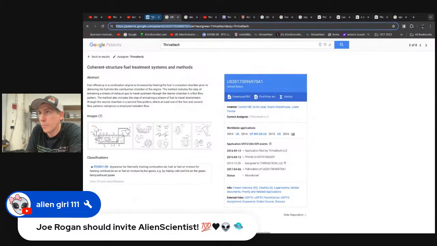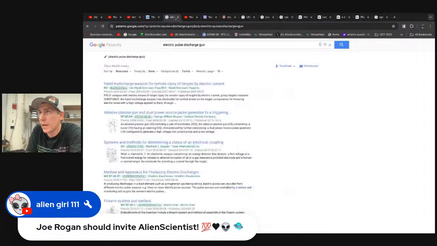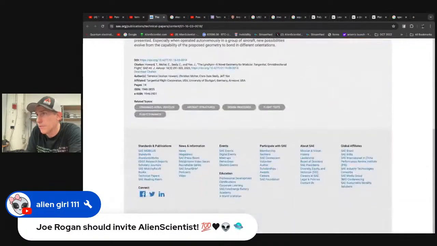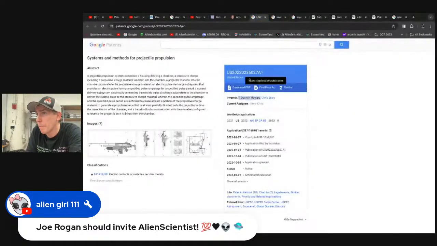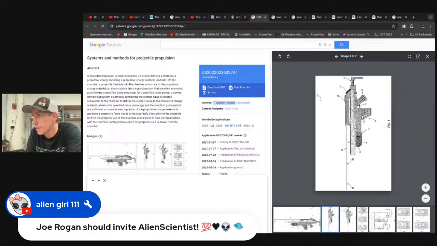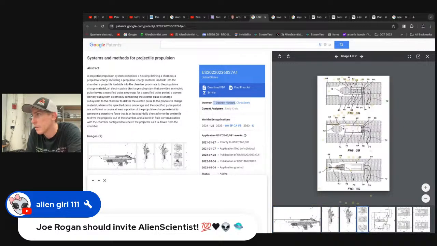But let's get into the patents. We got the linchpin for omnidirectional flight for these. We've got the systems and methods for projectile propulsion. So he talks about this projectile propulsion. This is a propulsion patent that I could find, and this is like a gun. Looks like the damn Eraser, the gun from the movie Eraser.